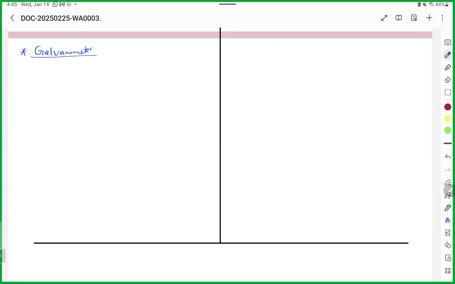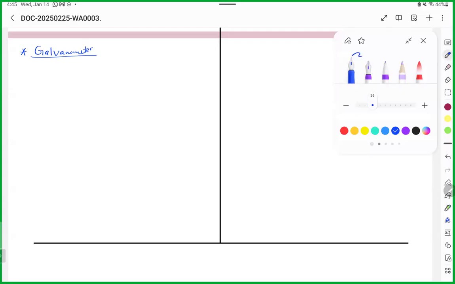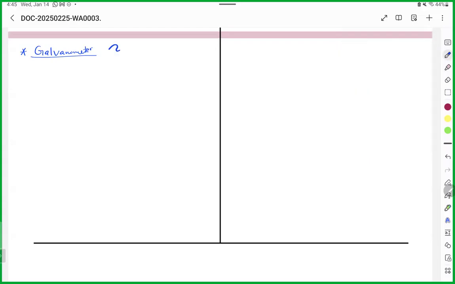Yes. Okay, so in the galvanometer, what happened? It measures small current. Whenever there is current, it will deflect. Okay, so basically the galvanometer symbol is expressed in the form of G, and this G is actually a kind of resistance, an internal resistance.